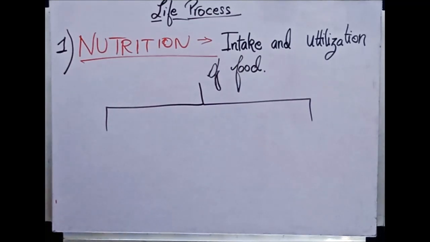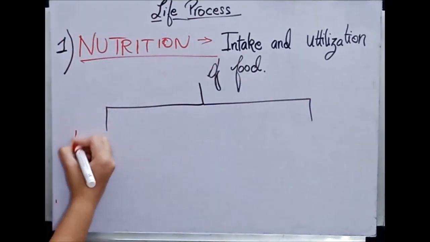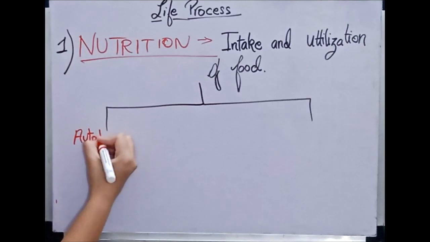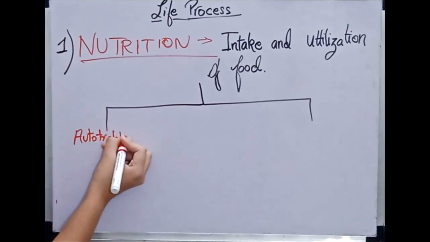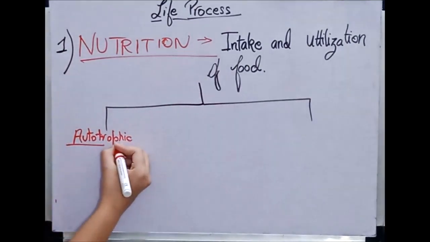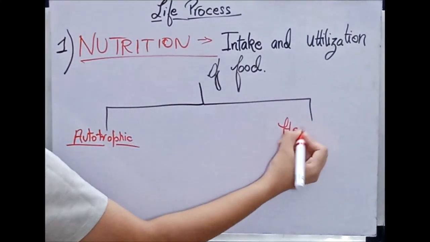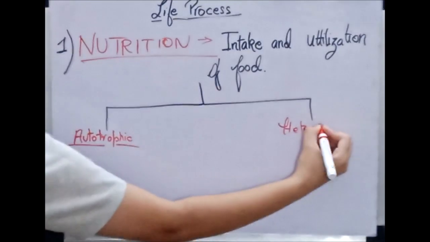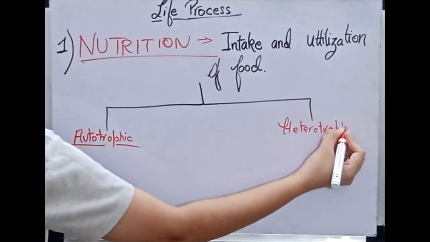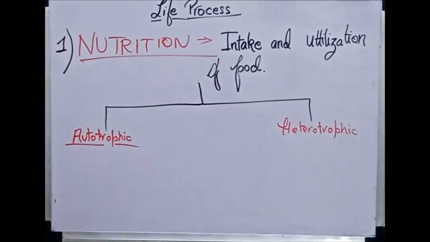Fine. So this is very clear to us, what is nutrition. Now nutrition is also of two types. First is autotrophic. Autotrophic. The other is heterotrophic. Okay?